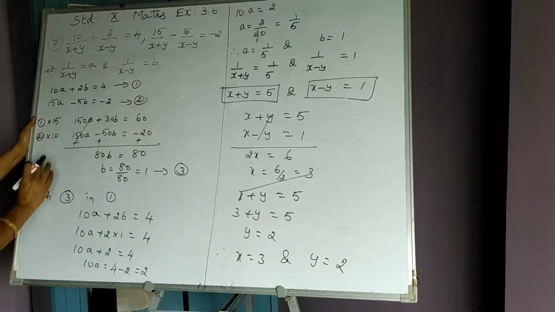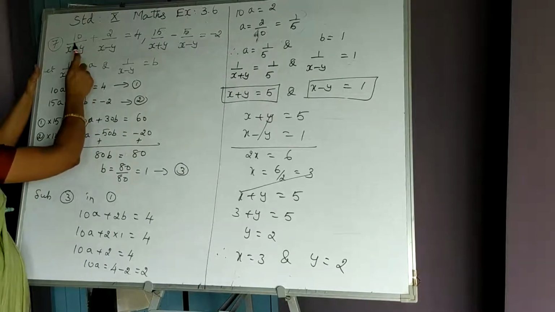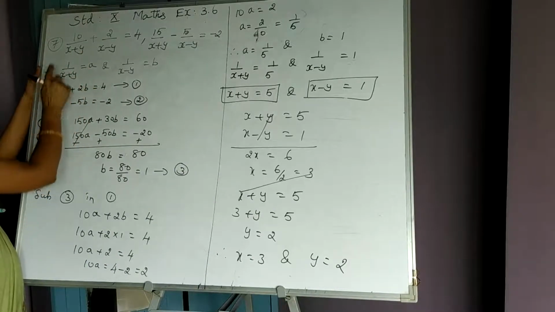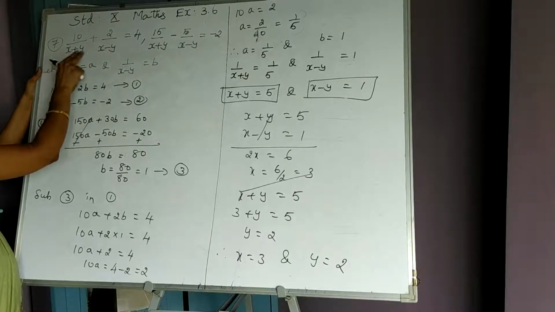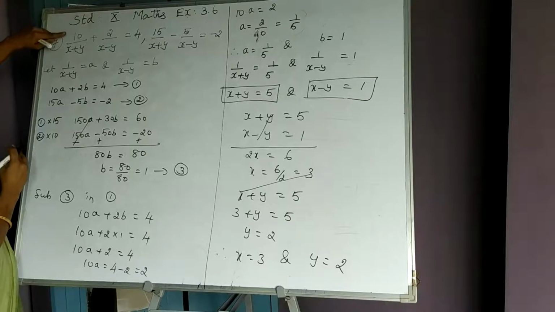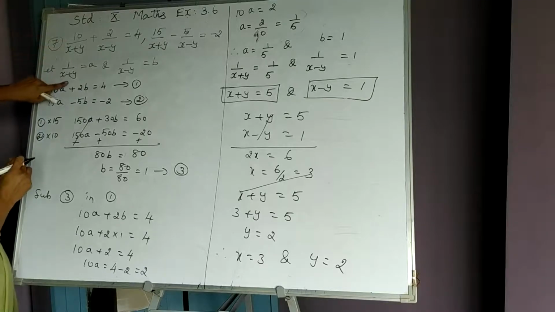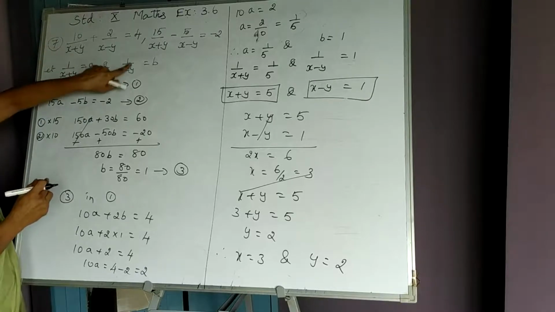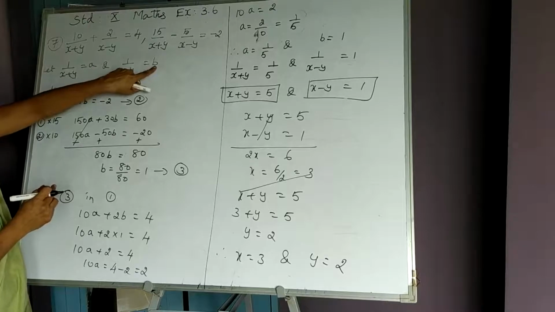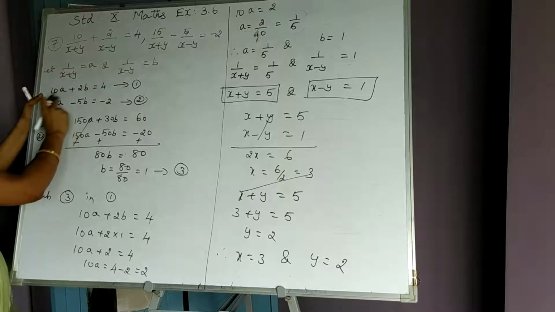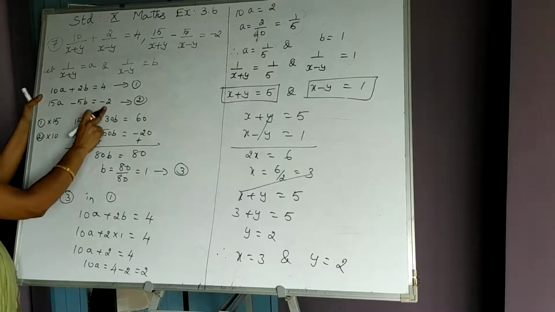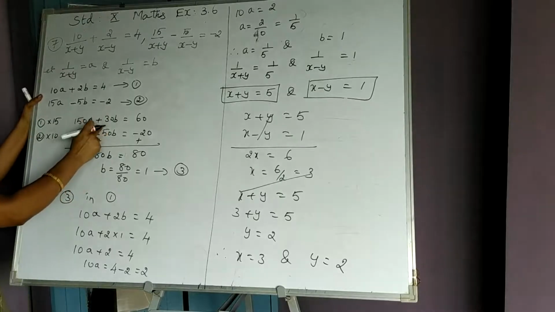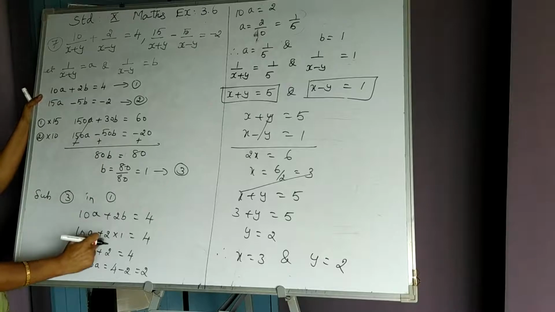Let us understand once again. It is similar to the previous sum only, but we have two variables in each denominator. We cannot separate x and y here. Therefore, together we should take substitution. 1 upon x plus y is equal to a and 1 upon x minus y is equal to b. Therefore, the equations reduce to 10a plus 2b equal to 4 and 15a minus 5b equal to minus 2. This part you know very well, getting the values of a and b.